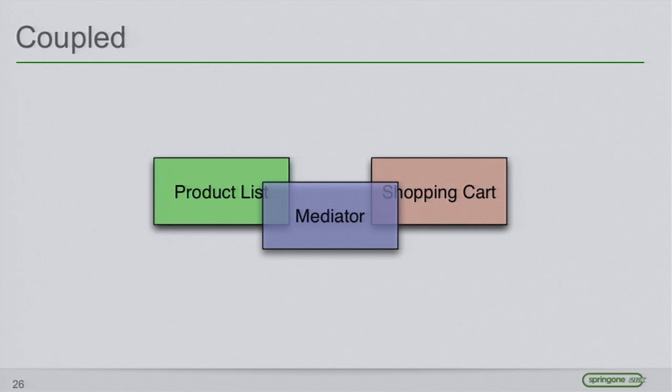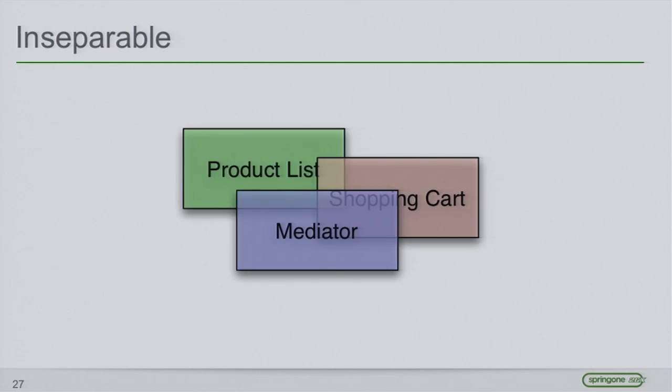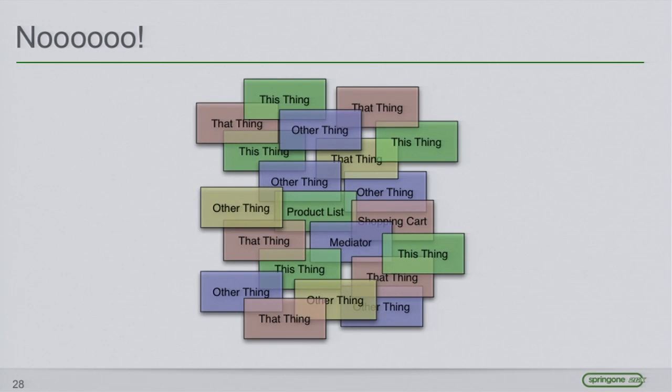So like I said, what we really ended up with was this, and in some cases, unfortunately, what we end up is something that looks more like this. And when we start doing that more and more, we end up with an application that looks like this. Where is the product list in this diagram? Where is the shopping cart?